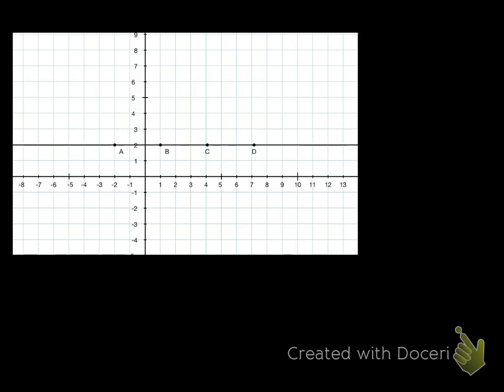Let's talk about this line. Basically, I'm going along a horizontal line. Think about it like walking down the hallway at school: there's no inclination. You're not going up or down, you're just going straight. So this actually means that there is no slope.